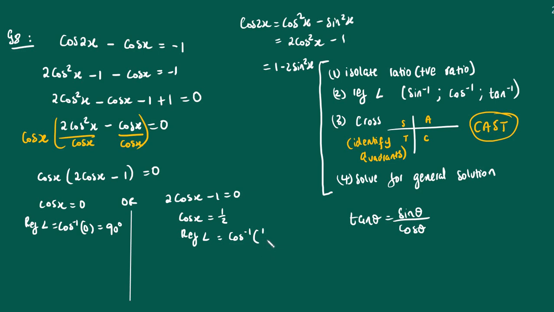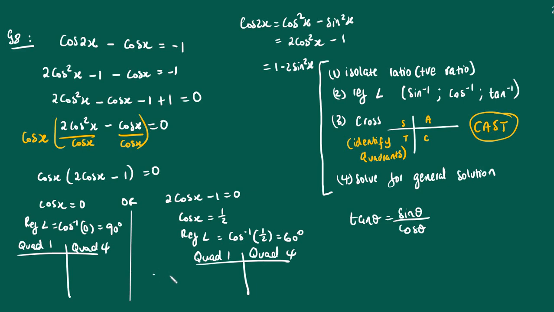Let me check. Cos inverse of half, yeah, 60 degrees. Then remember, you go to the cross now. Where is cos positive? It's going to be quad 1 and quad 4. Where is cos positive? Same thing, quad 1 and quad 4.